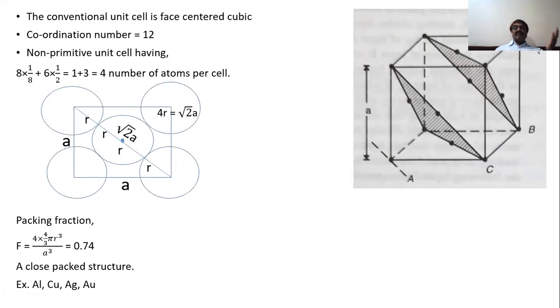This is the formula we have to remember between the two lattice parameters c and a. And what about the relation between the lattice parameter and radius? That is a equal to 2r. And in case of FCC, it is 4r equal to root 2a, because the atoms are arranged in touch along the diagonal of the cell.